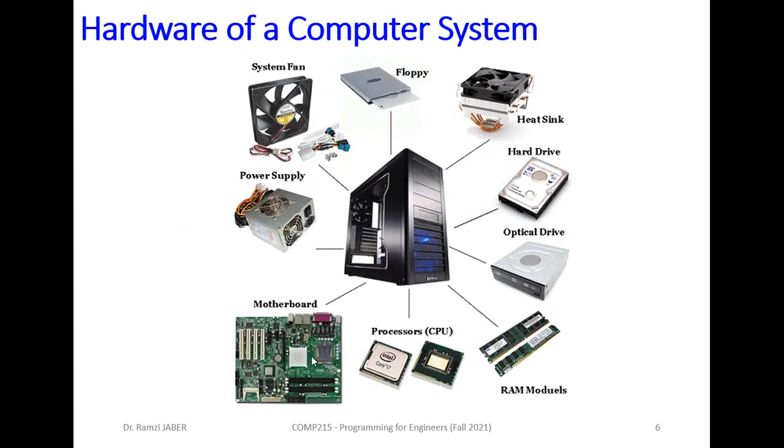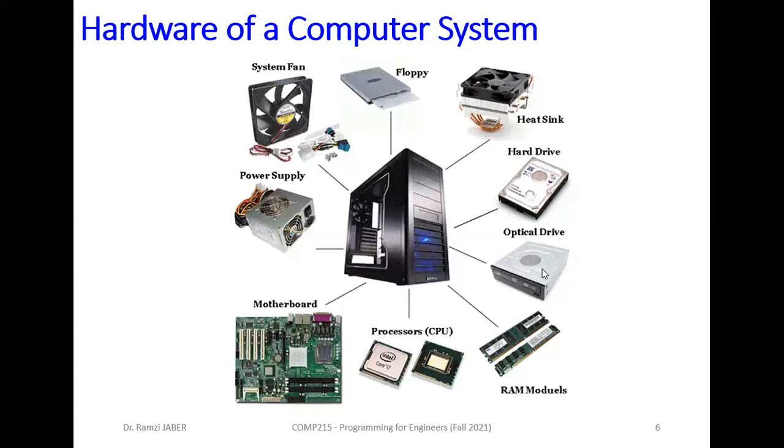Every component in the computer is installed on the motherboard. Then we put the CPU, the processor, inside it. Then we put the RAM, memory. Then on the external PCI slots, we put an external sound card or modem or VGA, and so on and so on.